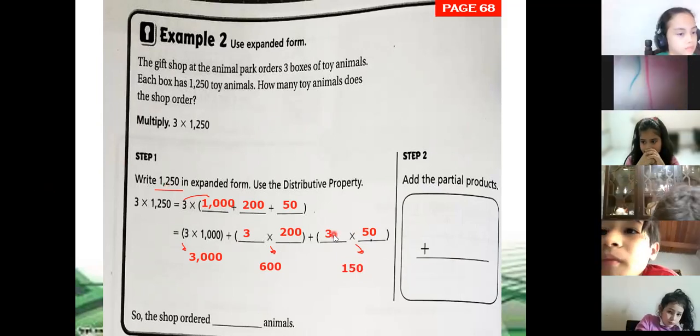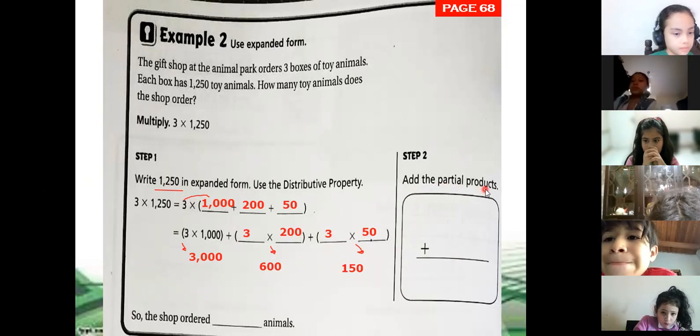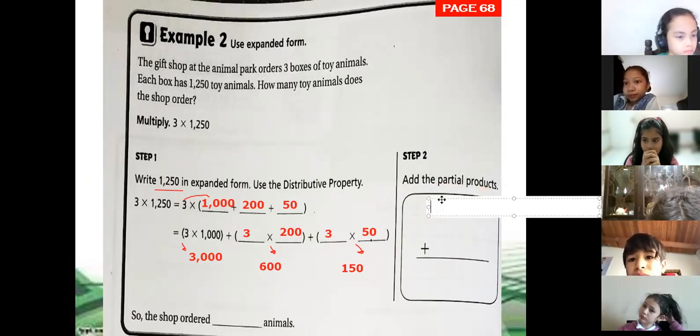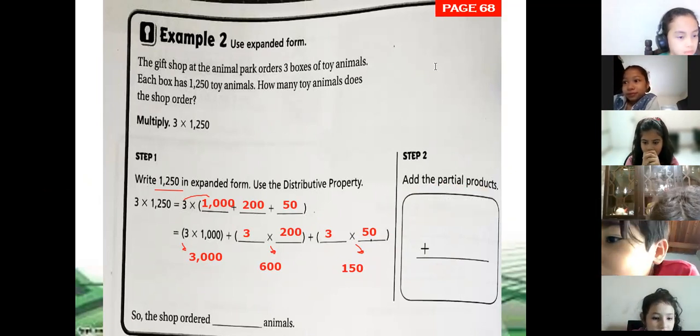Now, we have the answer for the multiplications, but it says here, add the partial products. Which numbers are the partial products, class? The answers for each multiplication.